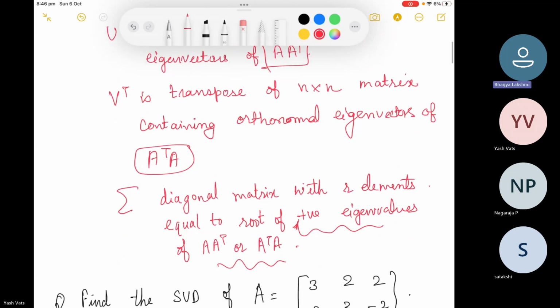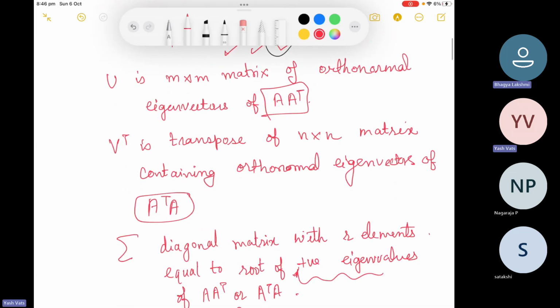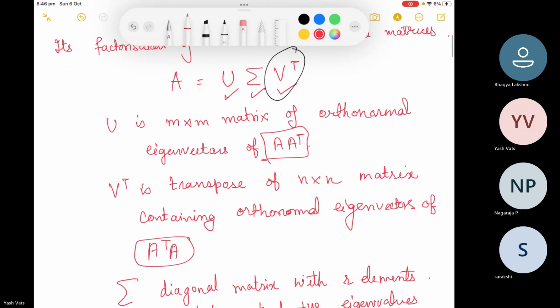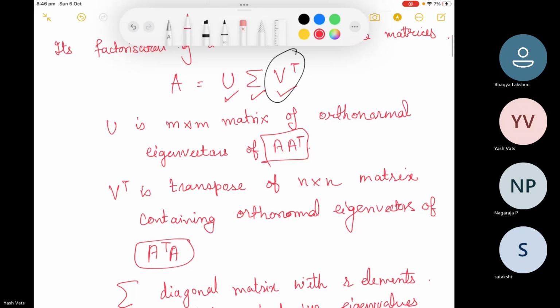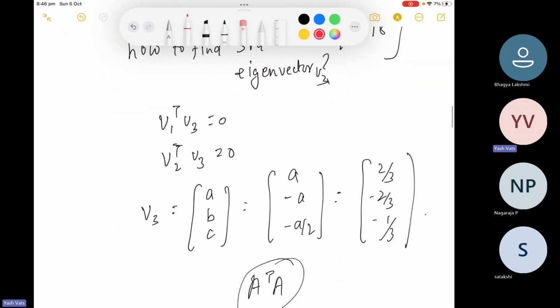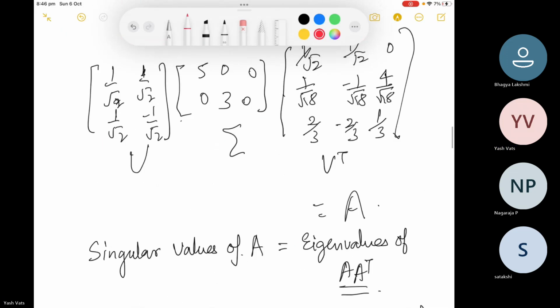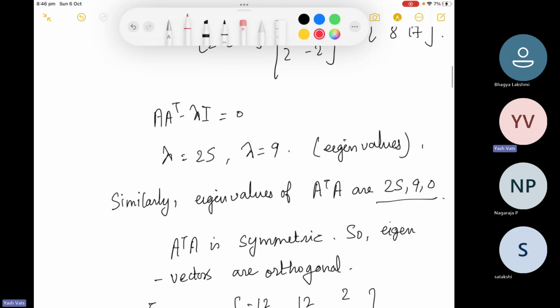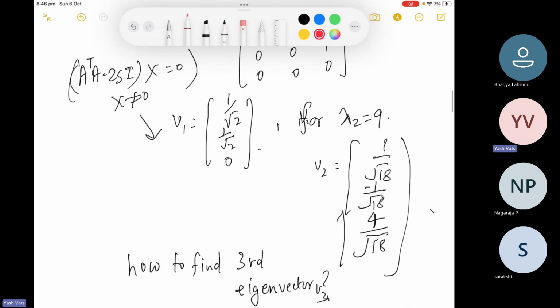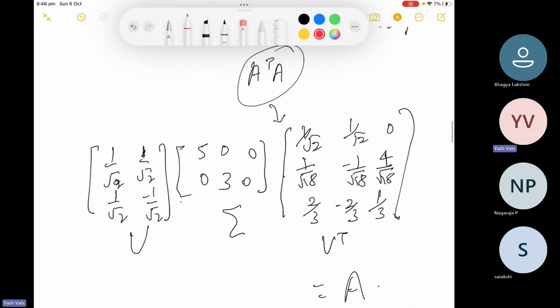Sigma is the diagonal matrix with the same order as A. Right. Wait a second, I have confusion. In the above example, we do have the sigma as, yes, the same dimension as A, right? Yes.